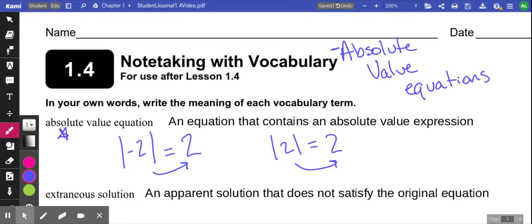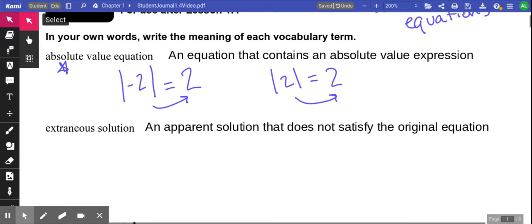And then extraneous solution: copy it down and keep it in your brain, because there are going to be some things that we do that have extraneous solutions. Look at what it says. It's an apparent solution that does not satisfy the original equation. So we solve this equation using all the steps, we get an answer, we plug it back in, and it doesn't work.